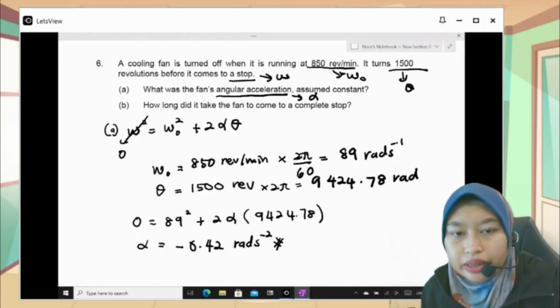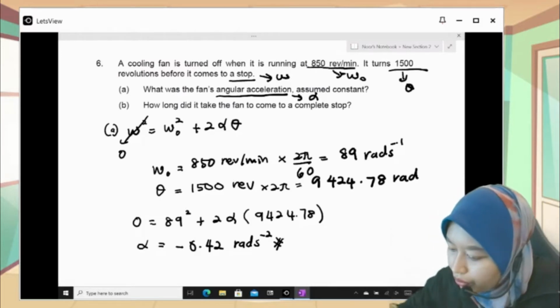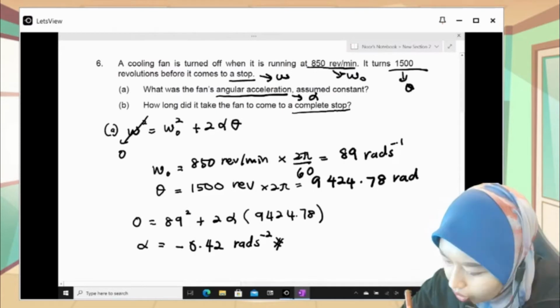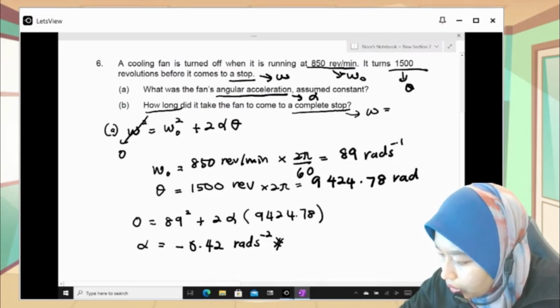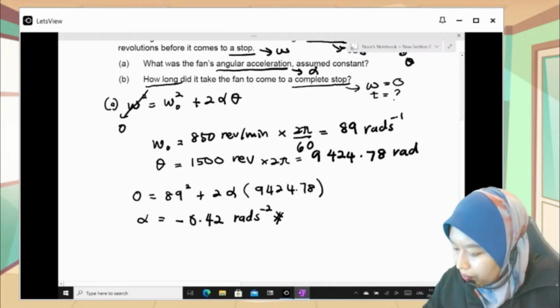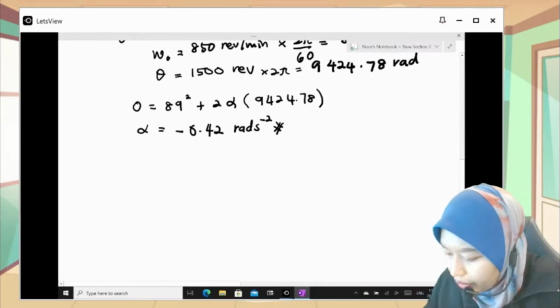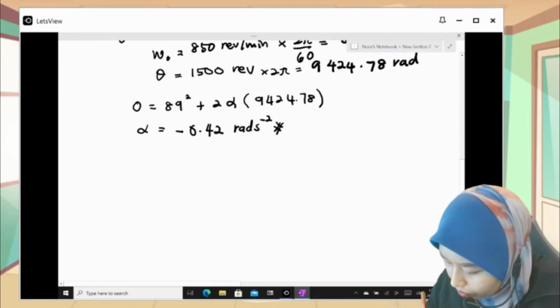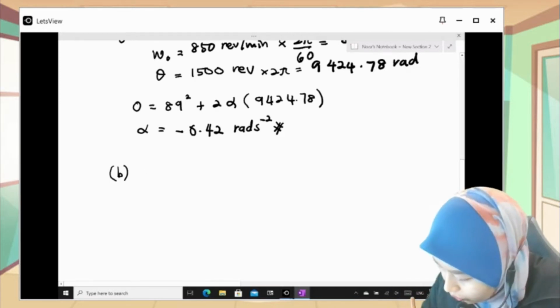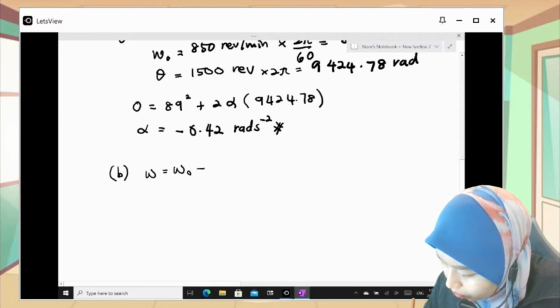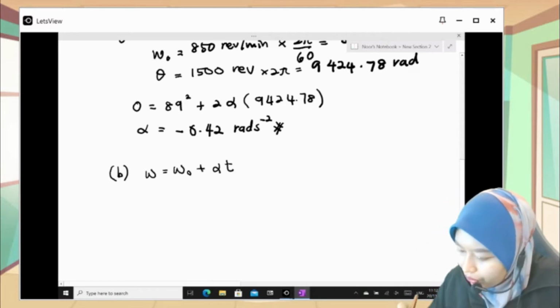Okay, let's see number 6b. How long did it take the fan to come to a complete stop? Complete stop means omega final is 0 and the question asks for how long, which is time. We already got the angular acceleration, which is negative 0.42. So we can use omega equals omega naught plus alpha t.